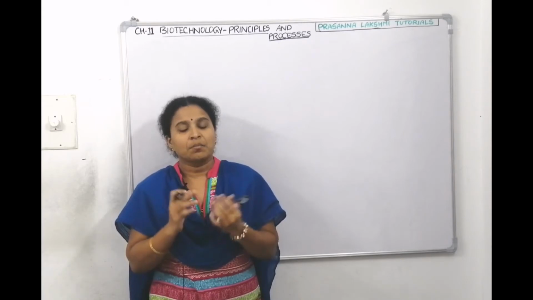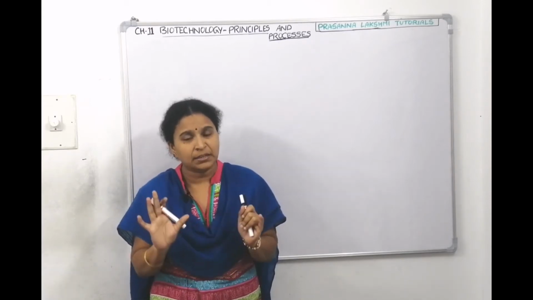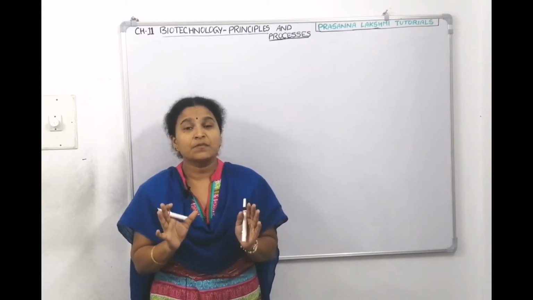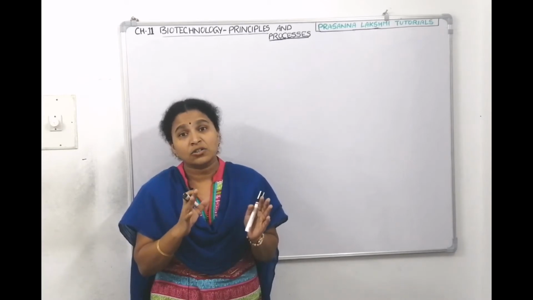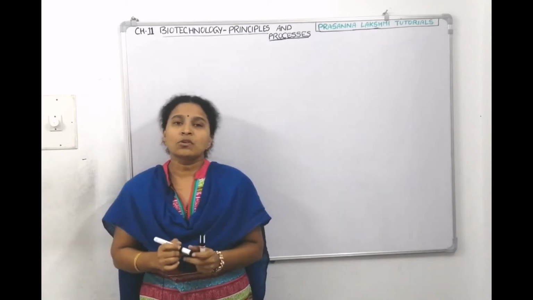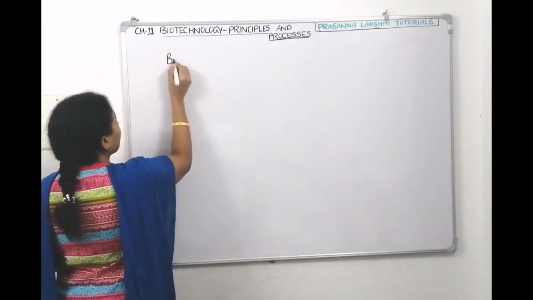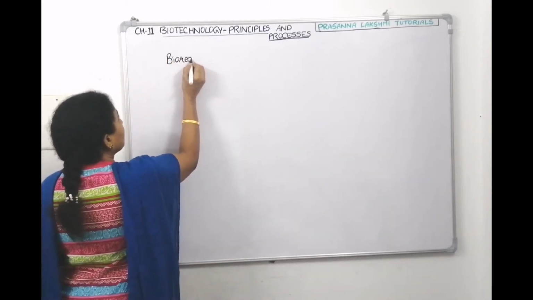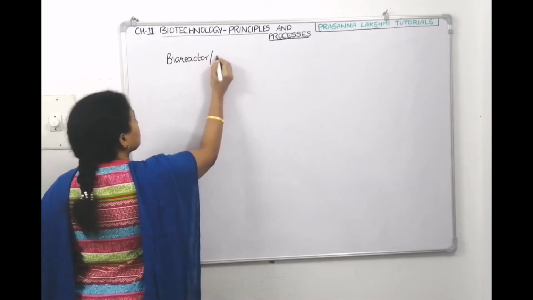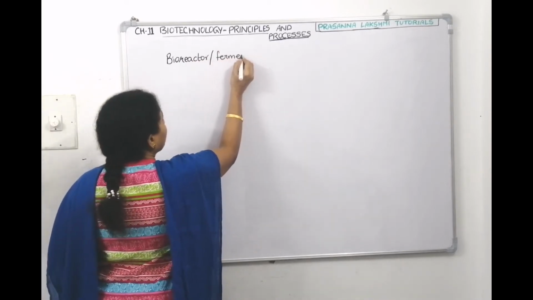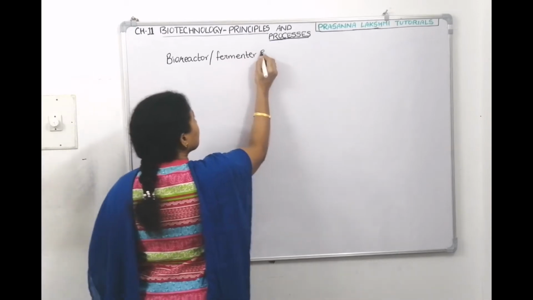So what did I tell? Bioreactors are fermenters. They are vessels in which the raw materials are biologically converted into special products using microorganisms. Let us write on bioreactor. It is also called fermenter. What is it?